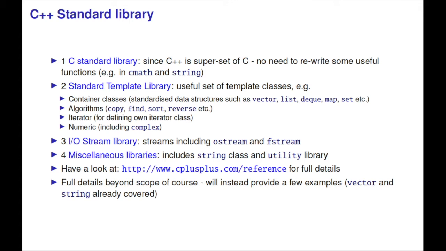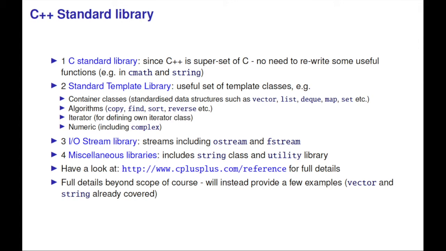So there's the standard template library, which is a useful set of template classes. For example, you can have container classes, which are standardized data structures such as the vector, the list, queue, deque, map, set, etc. Then there's algorithms: copy, find, sort, reverse, but there's a whole lot of them. The idea of iterators makes it really useful to change data structures without having to change the way to run through them.